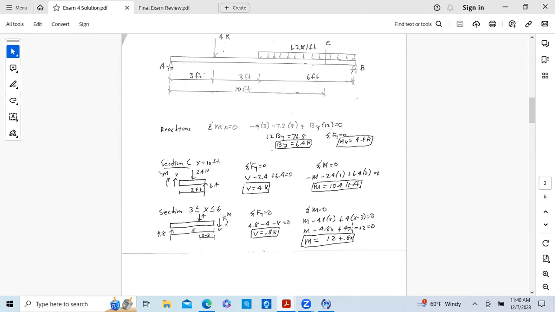So this is plus 4 times X minus 3 equals 0. Combine terms, and you get the moment is equal to 12 plus 8/10 X. So anywhere in this section, you can plug in a value for X, and that is the moment. Okay, so this is going to be a function of X.